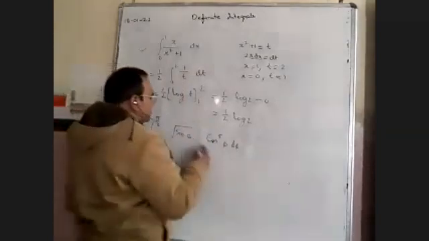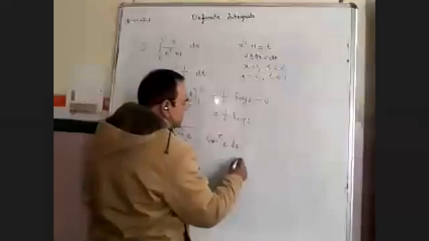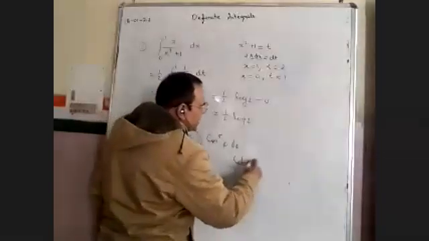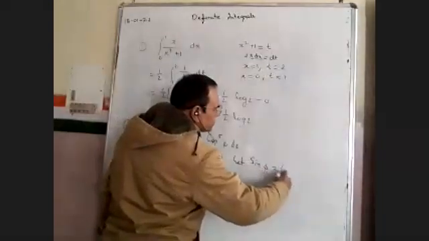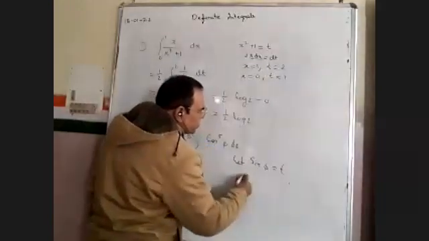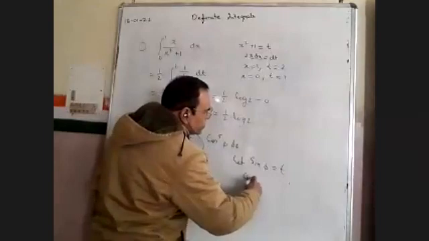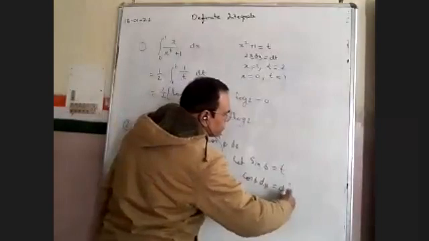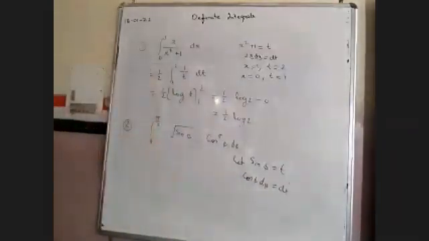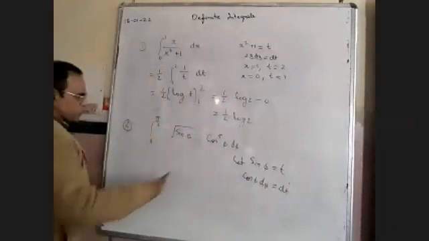If we let sin 5 equal to t, the differentiation will be cos 5 d5 equal to dt. So the limit will get changed.